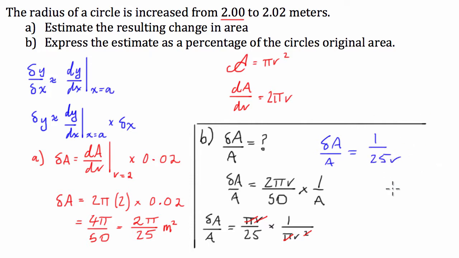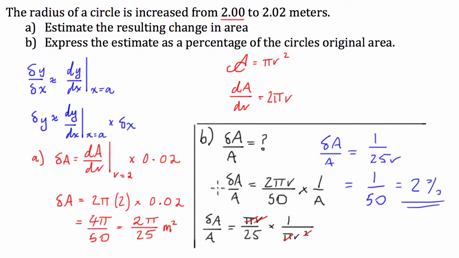And seeing as r is equal to 2, it's going to be equal to 1 on 50, which is equal to 2%.